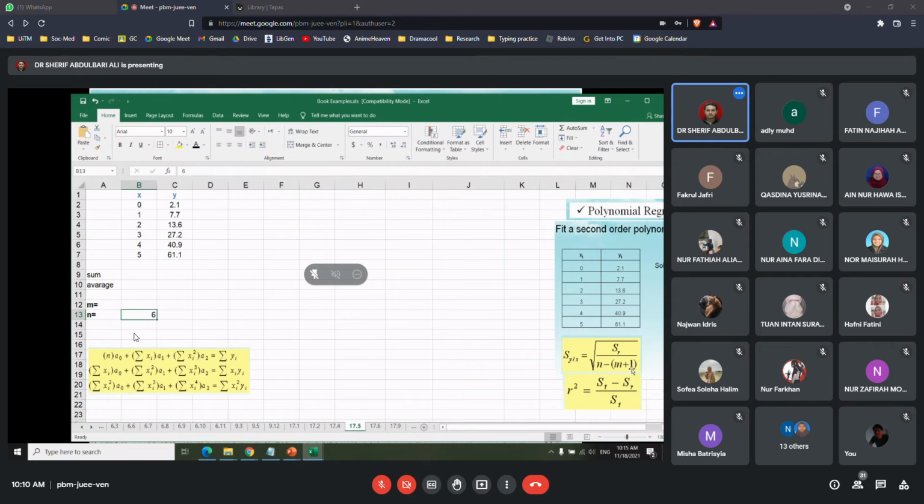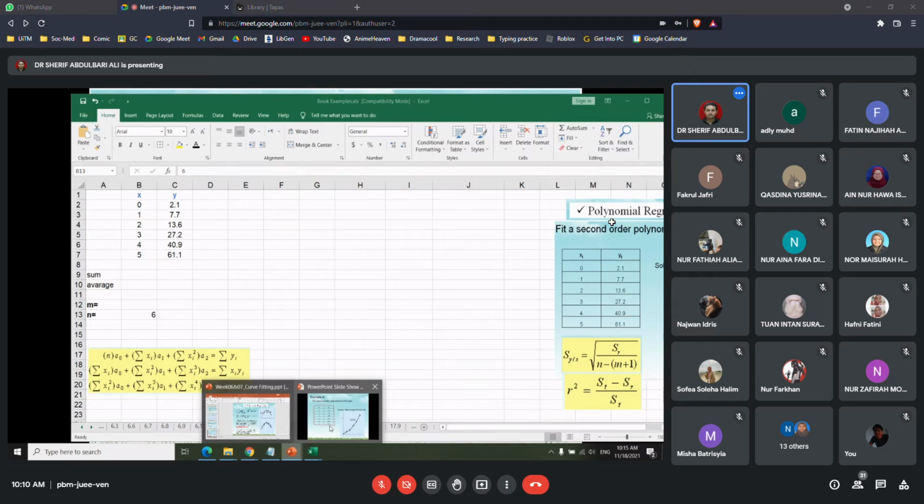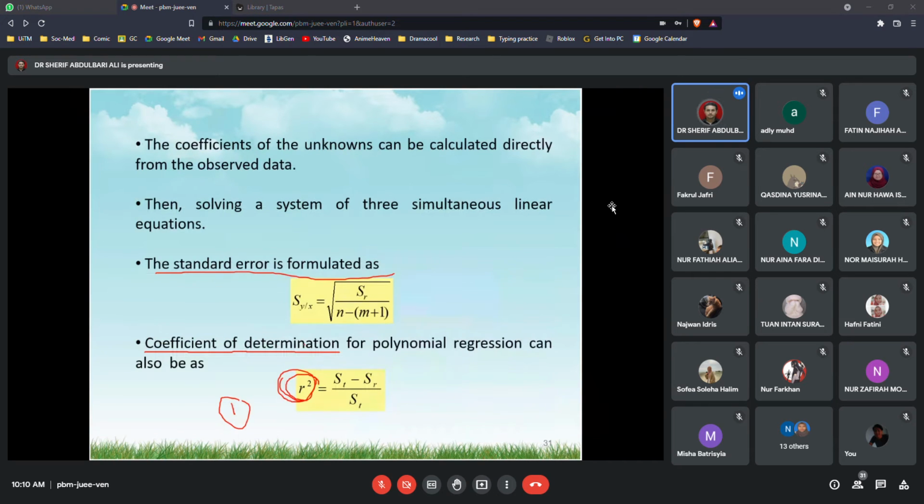Okay. If we are going to look at the equation of the standard error of estimate here, we are going to find another parameter. We call it m. M here is the order of the polynomial. If your polynomial is second order, this means m is equal to 2.